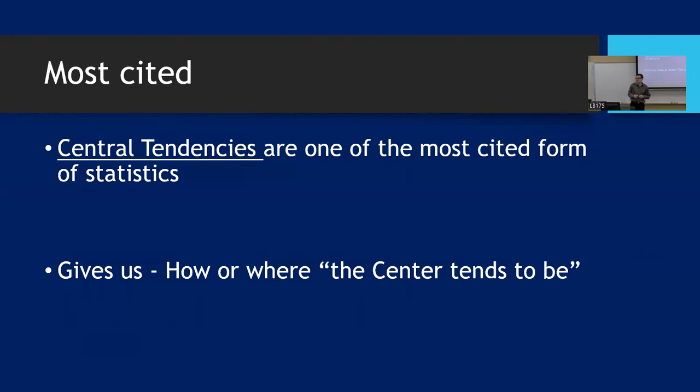And it turns out there's a lot of different ways to find a center of a group. Just like there's a lot of different ways to find the center of a triangle.